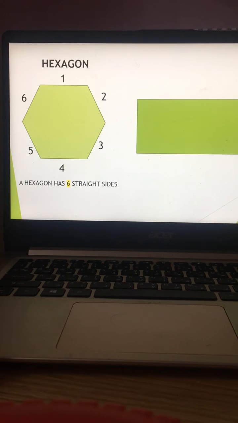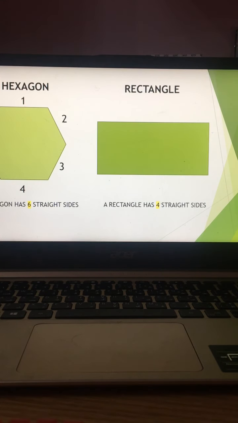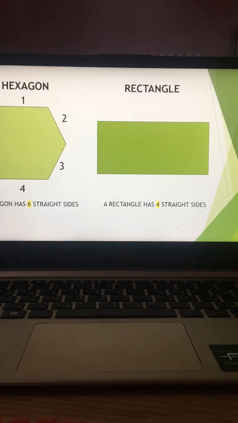Let's move on to the other shape that we are going to talk about today, which is the rectangle. We are going to find out how many straight sides a rectangle has. The rectangle has 4 straight sides.